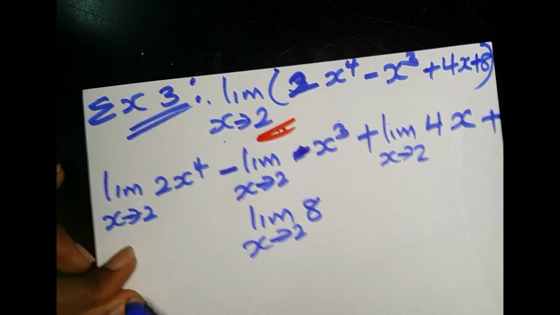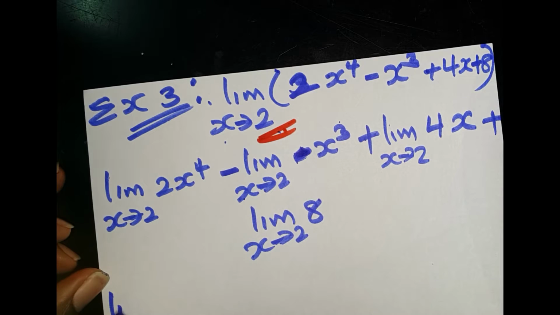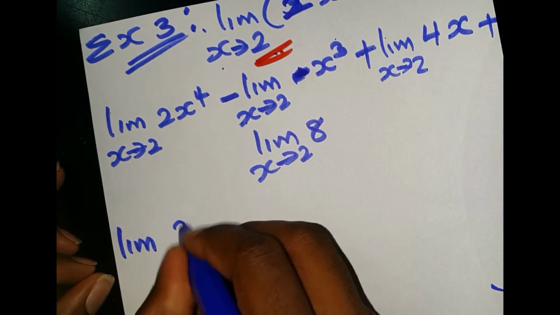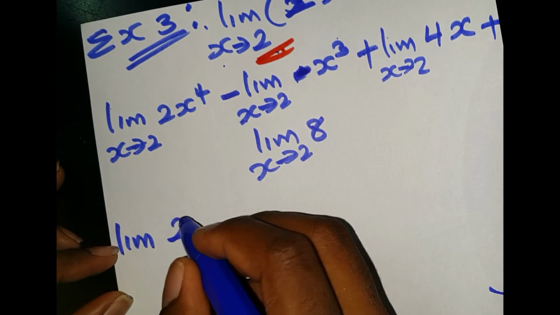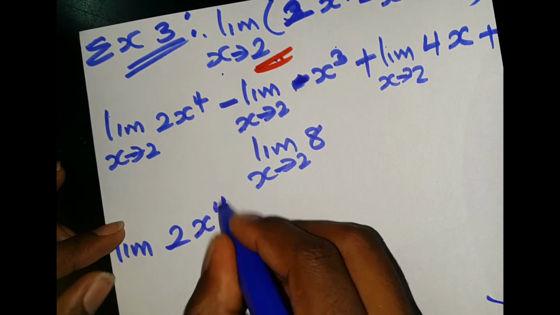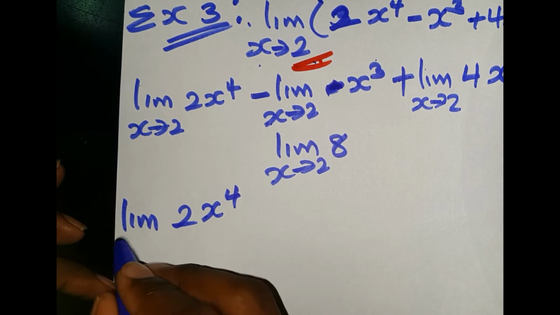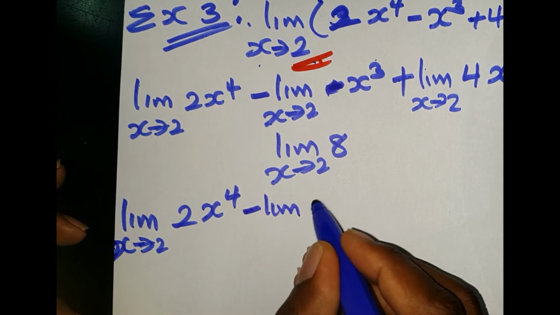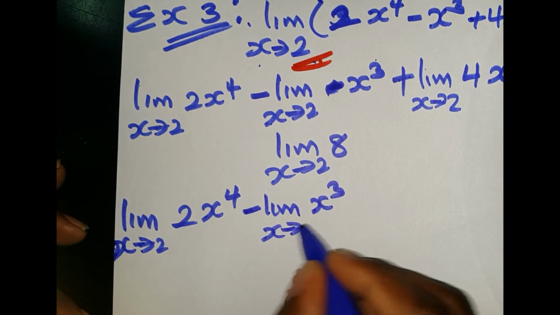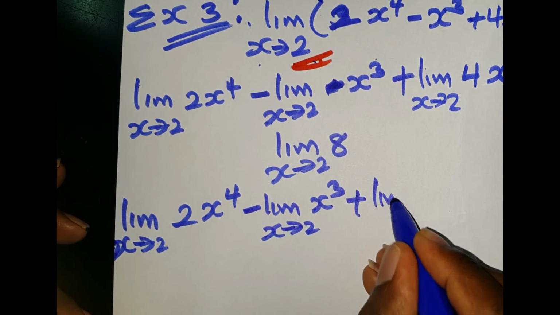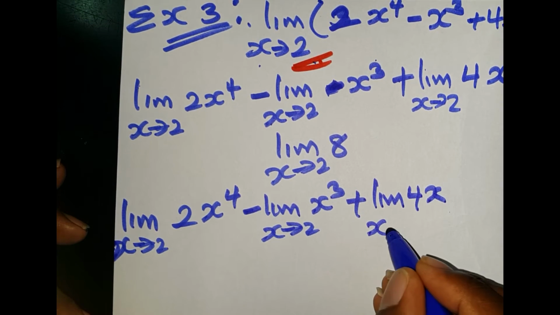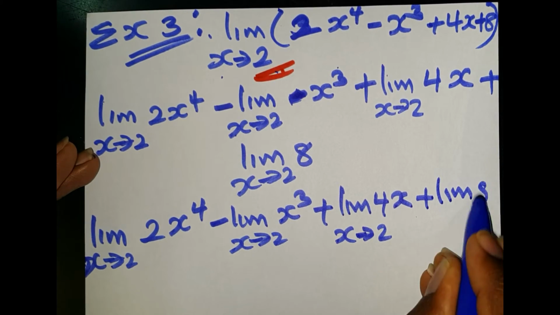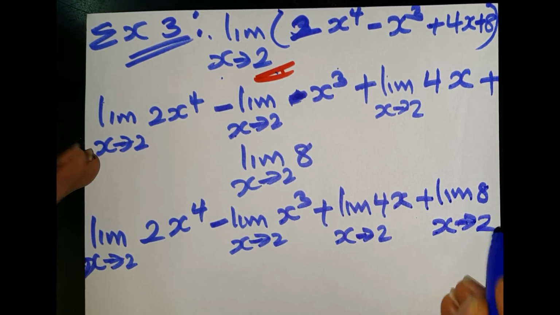So here we now have the limit of 2x to the 4th when x tends to 2, minus the limit of x cubed when x goes to 2, plus the limit of 4x when x goes to 2, plus the limit of 8 when x goes to 2.